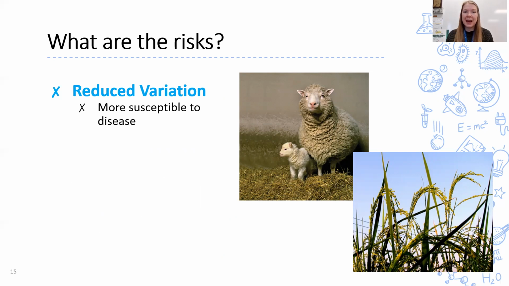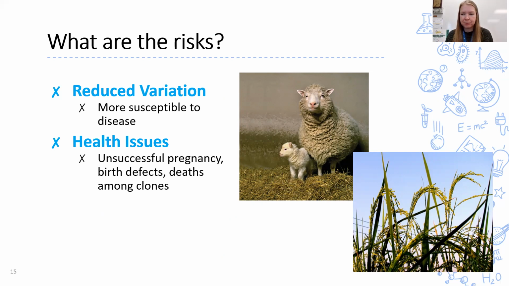So if all the cattle on a ranch are related, brother and sister because they all came from the same bull, then if there was a disease that those genes were susceptible to, that entire ranch would then be wiped out. Same thing goes for plants as well. A whole field could be wiped out because all of the plants are related and have the same genetics. Same thing for cloning, your same DNA, so you would have the same unfortunate fate.